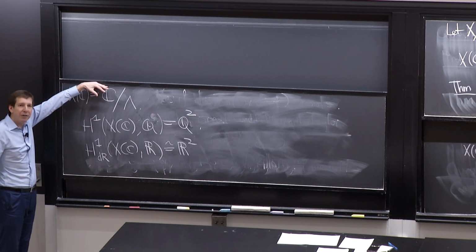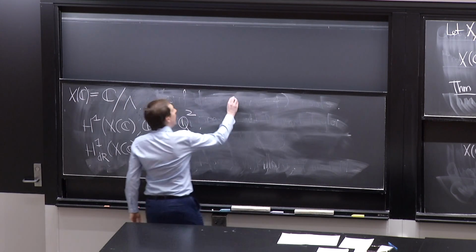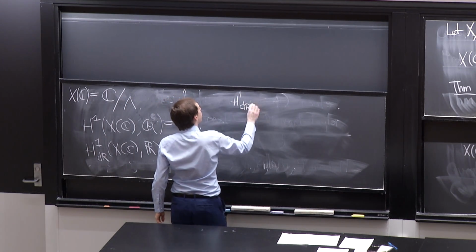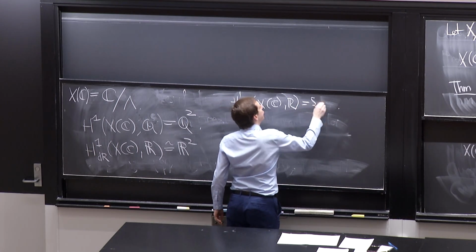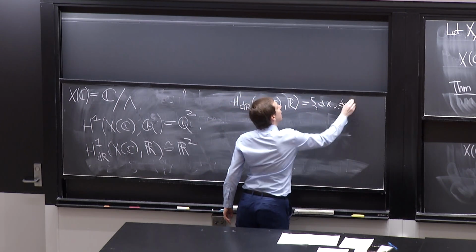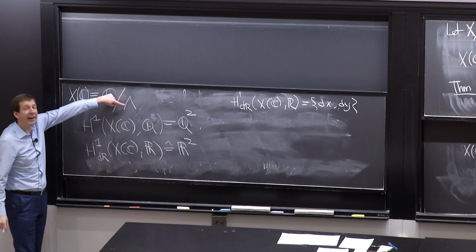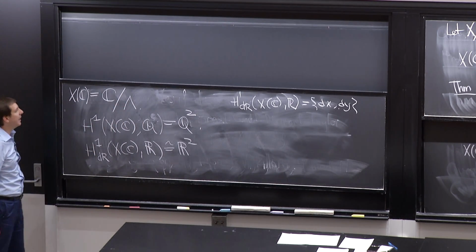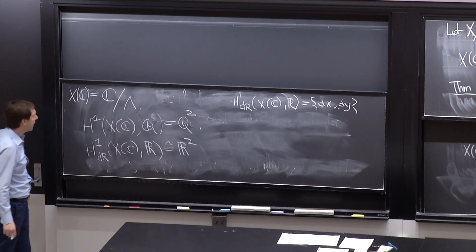So I can pull them back to C, which is basically R squared, and I have some one-forms that I can integrate there. And so I have a description of H1 de Rham with coefficients in R as just generated by dx and dy. These are nice things you can integrate, and they're also invariant under translation, which exactly means that they give you classes on here.